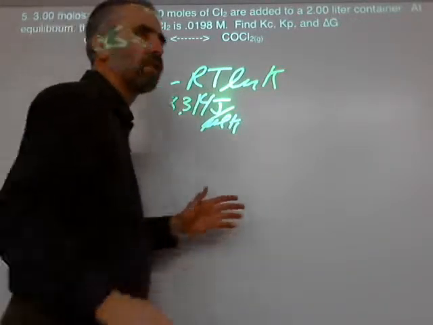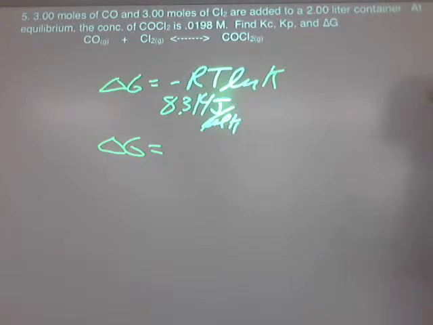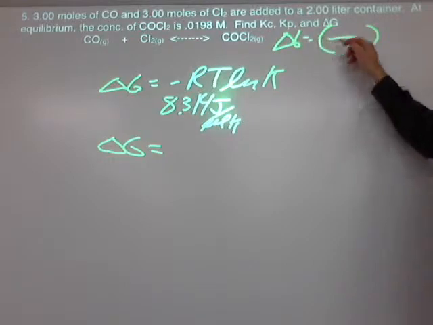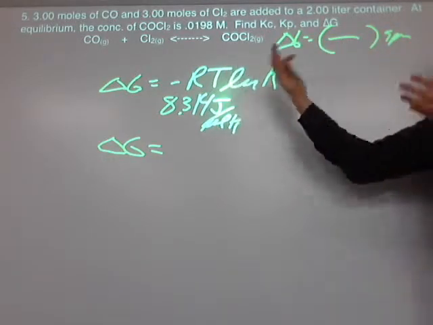Now, I don't really care what the answer is, but let me ask you this. Knowing that both Ks are smaller than 1, what would I predict delta G to be, positive or negative? Think about it. What is a negative delta G? It's spontaneous, it means it's product favored.